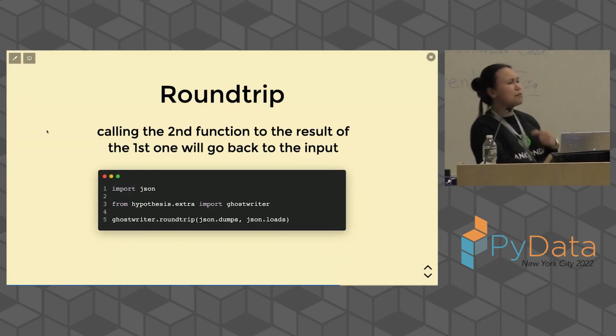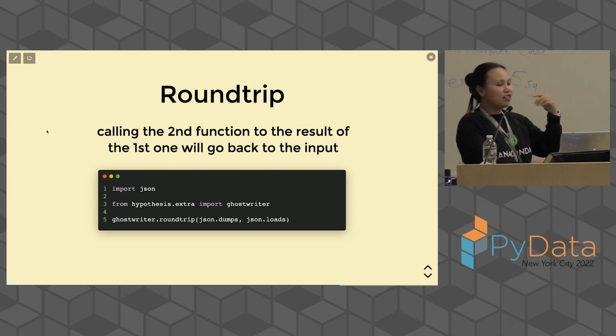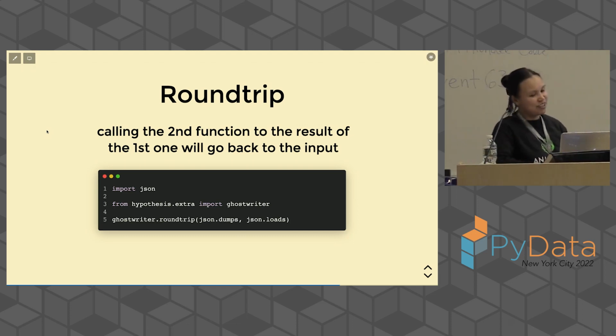Round trip, which is my favorite, you can see I already used it a few times. When you have a pair of functions, it applies the first one, and then applies the second one, and it should go back to where it was. In code, there are actually a lot of pairs of functions like this. For example, in JSON, you have json.dumps and json.loads.